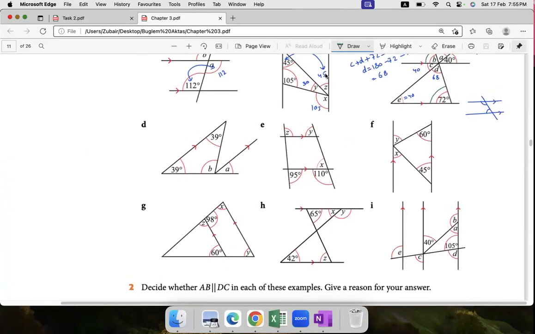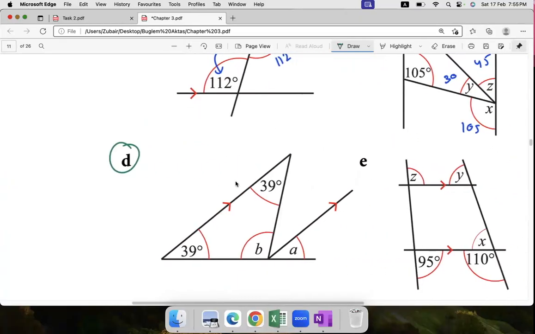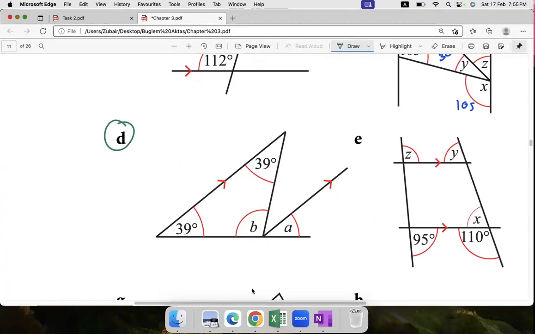D part. I know B is 102. Correct. I would suggest find A without solving.